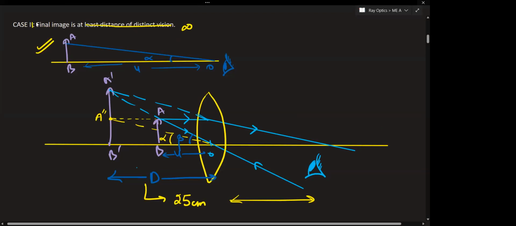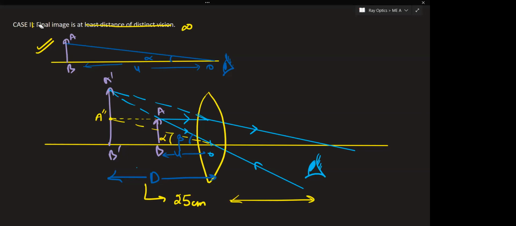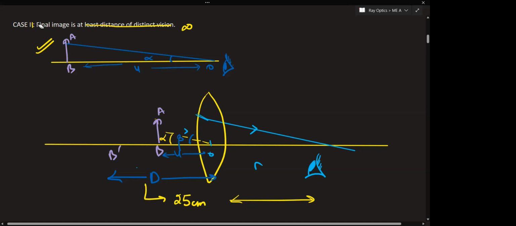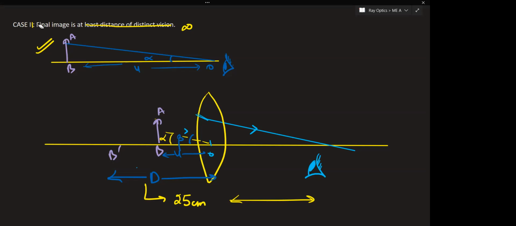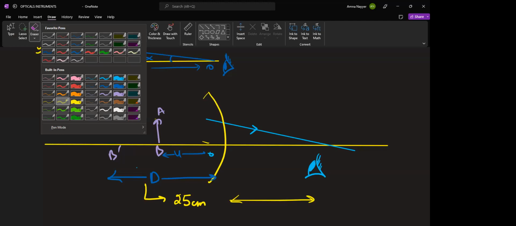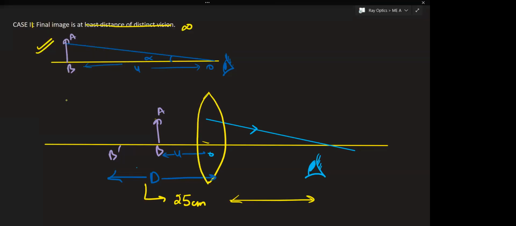There won't be an effect on the object distance, but regarding the image distance, see, this won't be the least distance of distinct vision now.